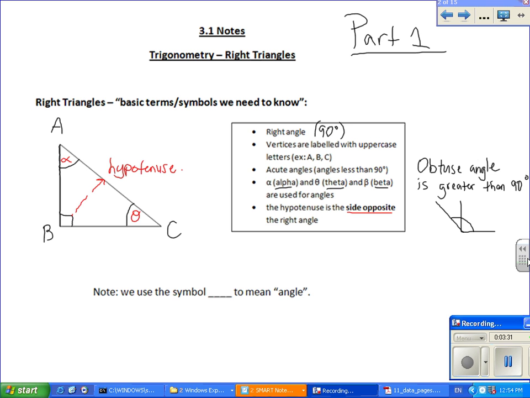Notice that we use this symbol that looks a little like a slanted L to mean angle. For example, I could write angle A, or angle C. When you see that little symbol, it means angle.